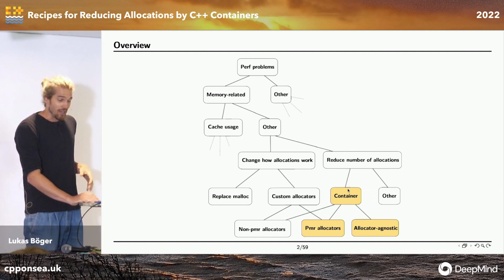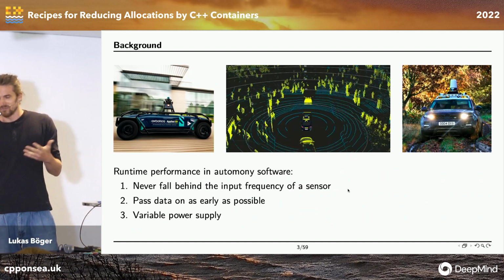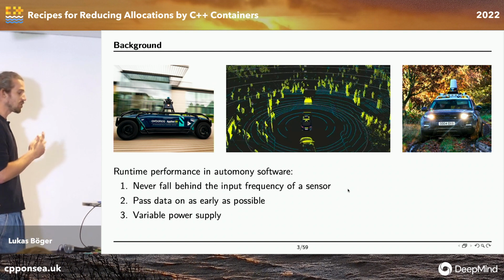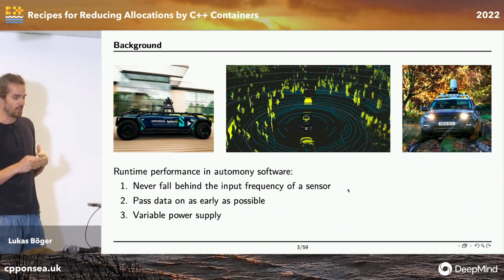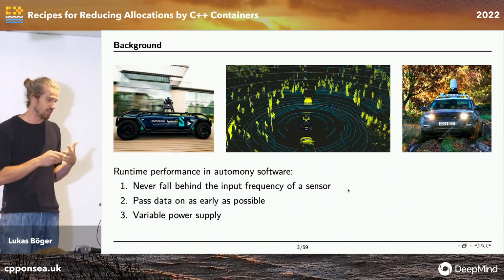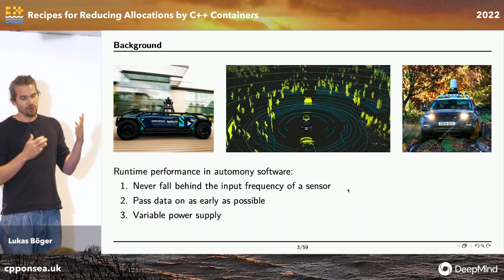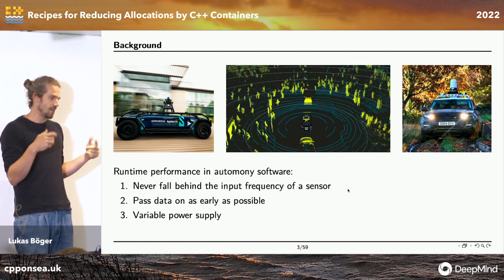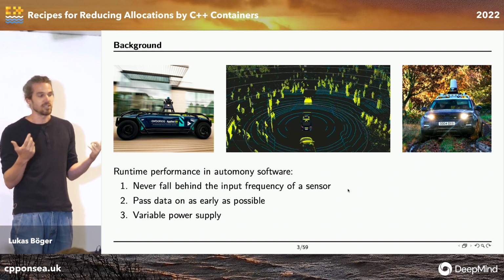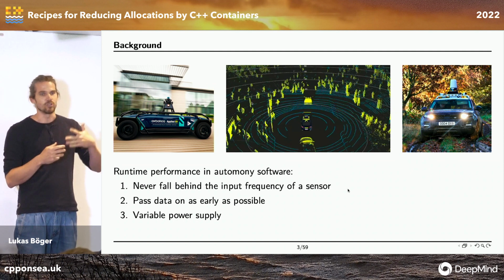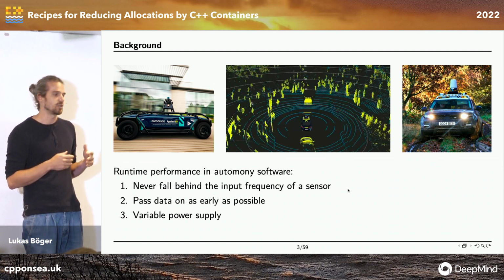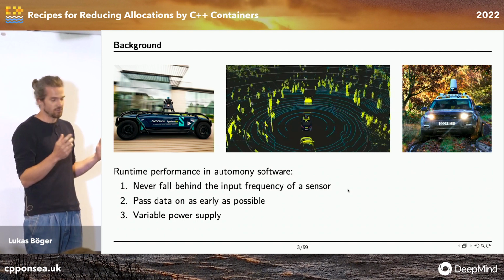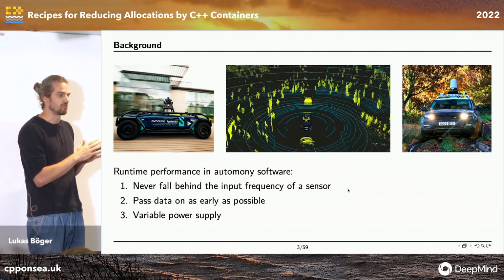Now, why do I care? First of all, it's fun to think about performance. I guess it's easy to agree on that. I also happen to work on autonomy software, specifically in Oxbotica's perception team. Our software would usually listen to some input sensors, make some sense out of the data, and pass that intelligence on to some other parts of the software stack that would then associate objects over time, do predictions, and so on and so forth.